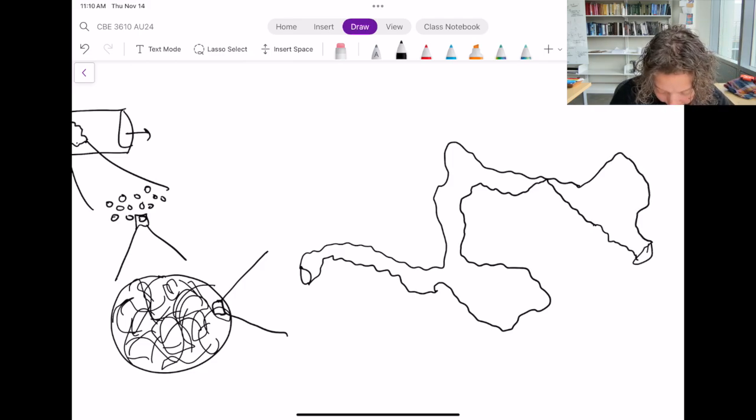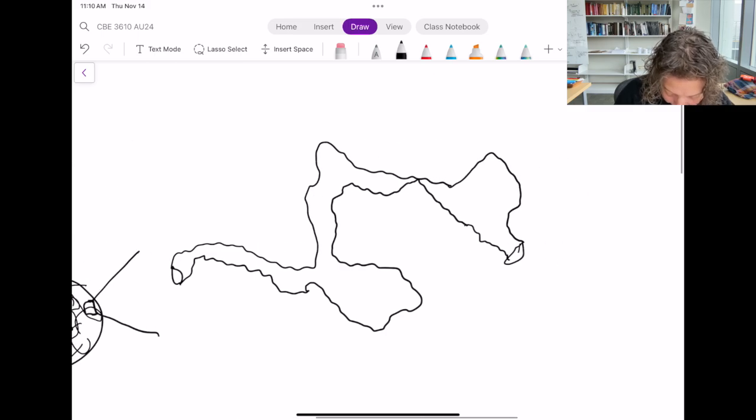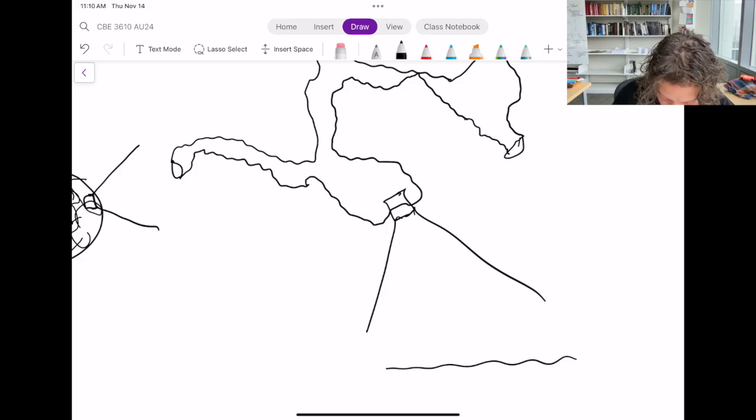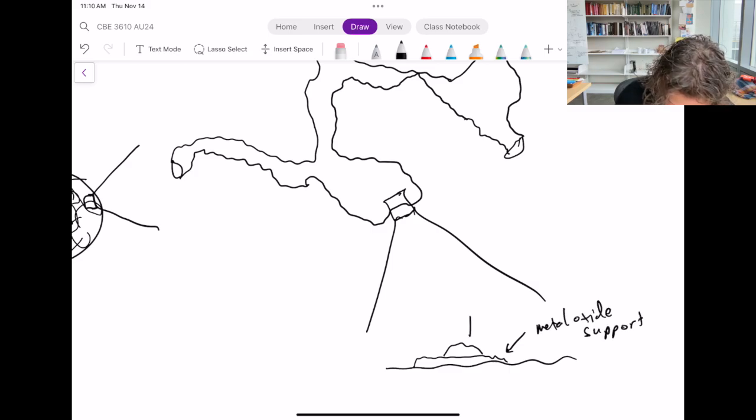And then if we said, okay, let's zoom in even further and look at the surface of this thing. So here's the surface of the pore. Then I might have on there a catalyst particle. So here is a metal oxide support, and here is a metal catalyst particle.